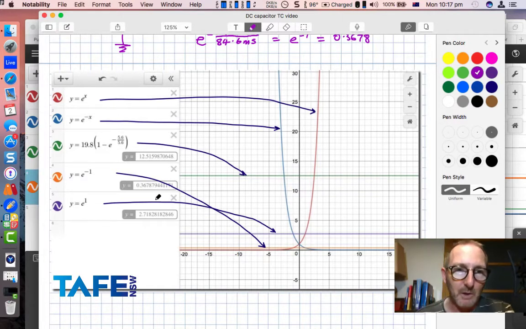So y equals e to the minus 1, and we get a number 0.36787944. That number is going to be quite important in the study of capacitors. It doesn't look like a number we've heard about when talking about the growth in voltage so far, but we'll go to the calculations, and then I'll show you on the calculator what we can do with that number to make it into something more useful.